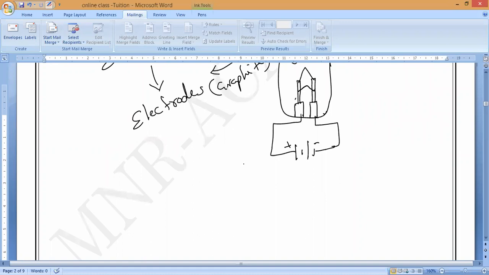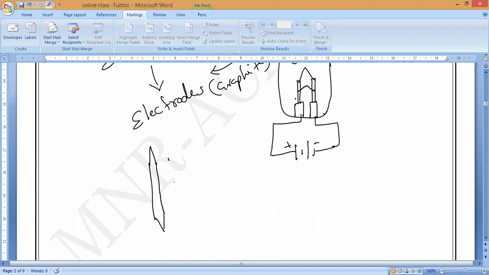To see that graphite conducts electricity, even in class 8 I told you to prepare this. Take 2 pencils and sharpen them on both sides. Do you remember this activity to prove that graphite is a good conductor of electricity?